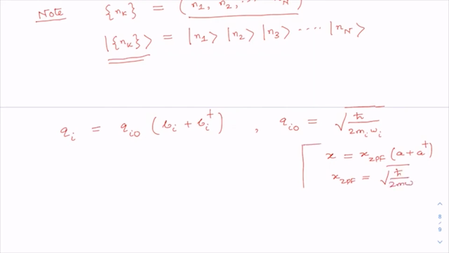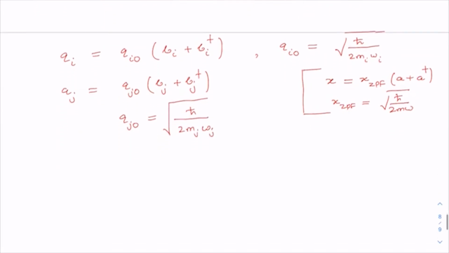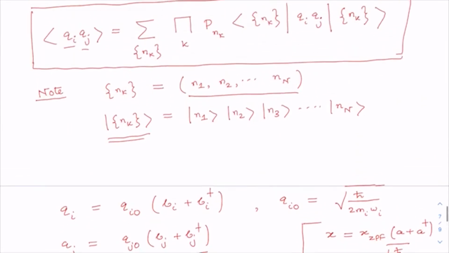The same thing we are doing here, and we can then also write for q_j: q_j0 times (b_j plus b_j dagger) for the jth oscillator, where q_j0 is h cross divided by twice m_j omega_j.